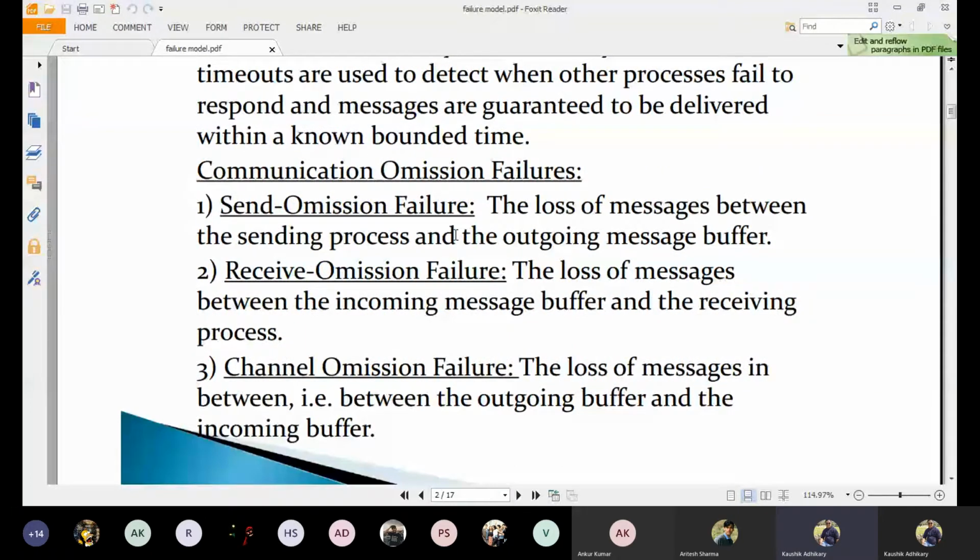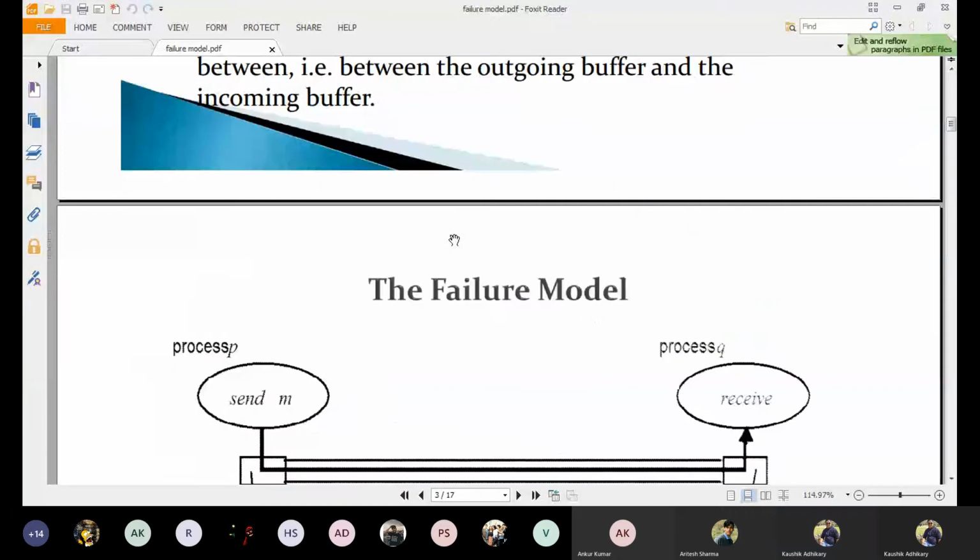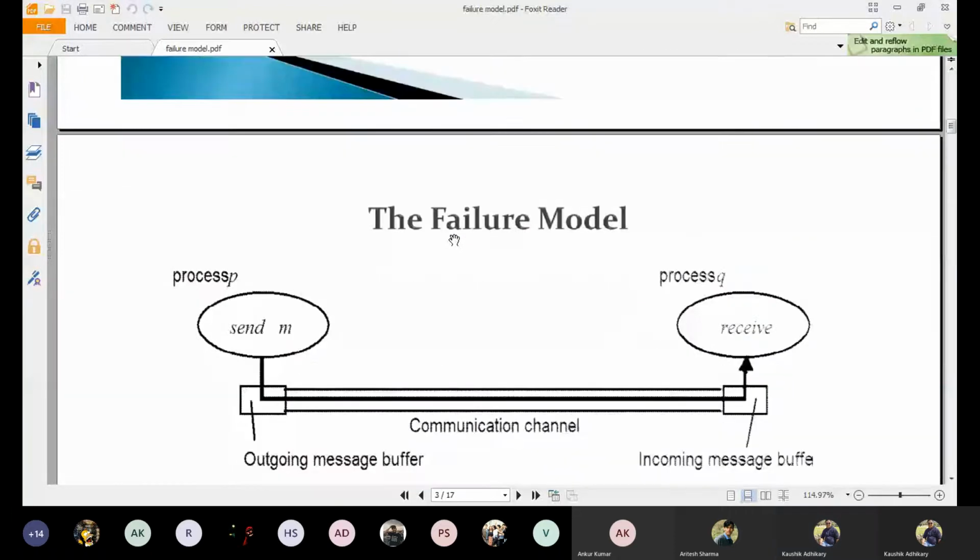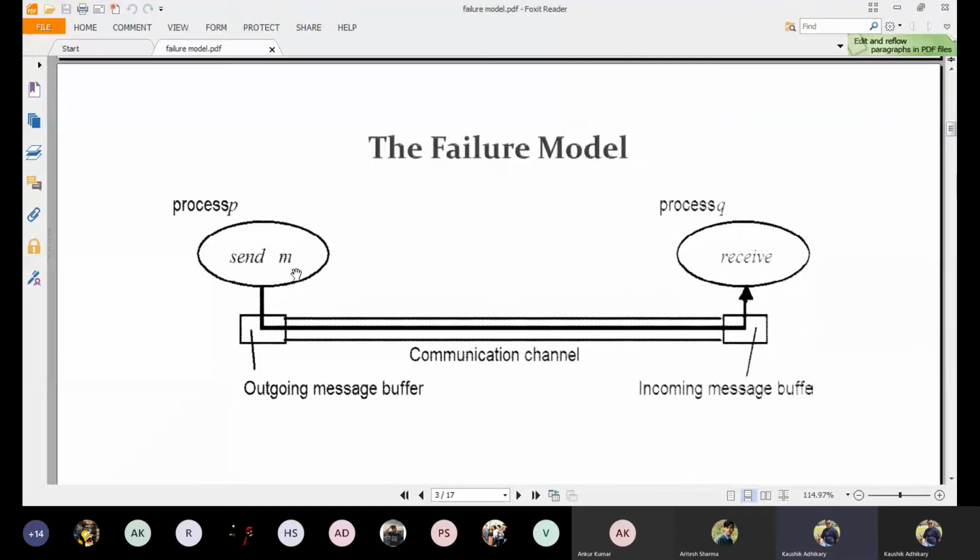When sending a message, one is the sender, and with the sender we have an outgoing message buffer. When a sender is sending a message, the message goes into its message buffer.